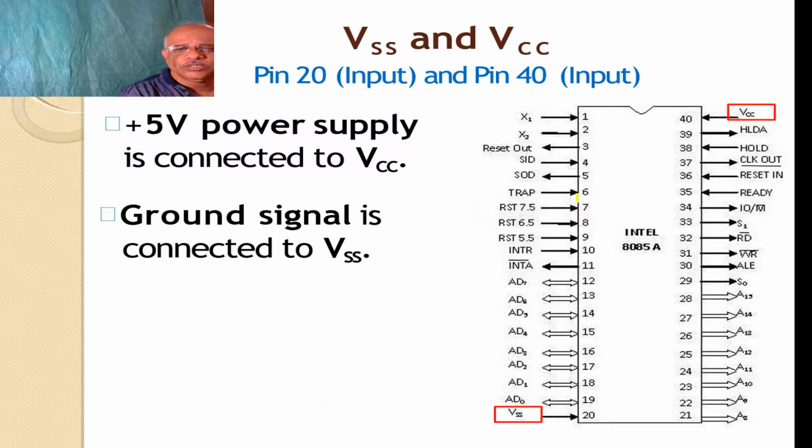So these two pins, we have discussed about pin number 20. The power supply is connected between pin number 20 and pin number 40. So we have completed discussing the 40 pins of Intel 8085.